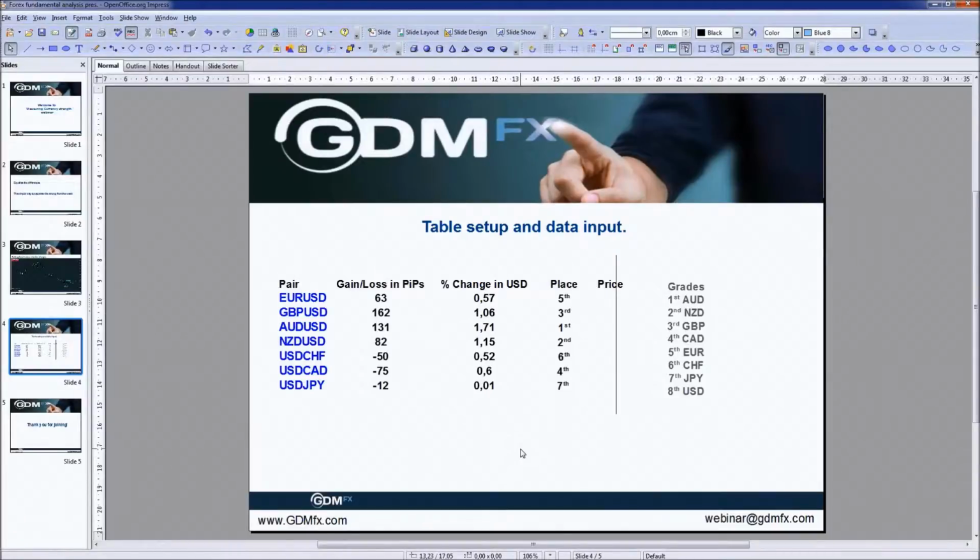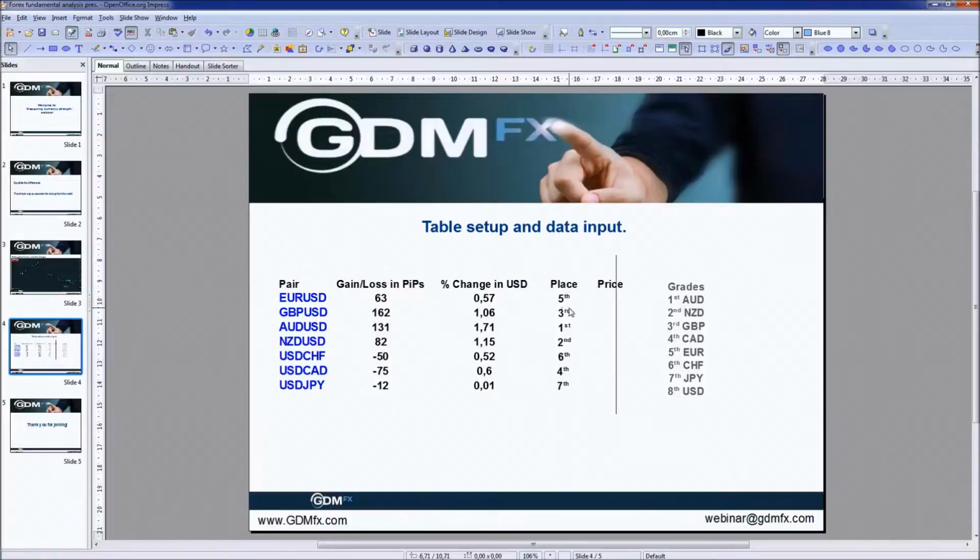So this is as close as it gets. Not to mention the difference in pip sizes, that the pound is actually making versus the US dollar, 162 pips in the time frame that we've measured.